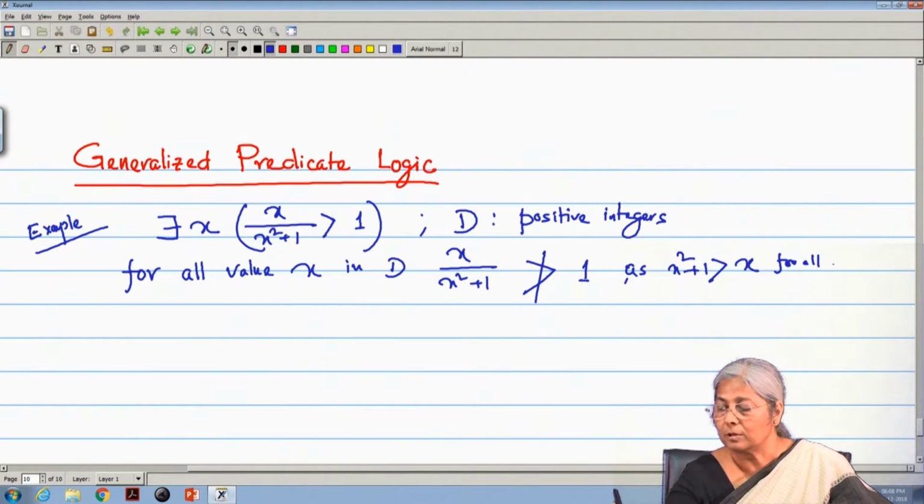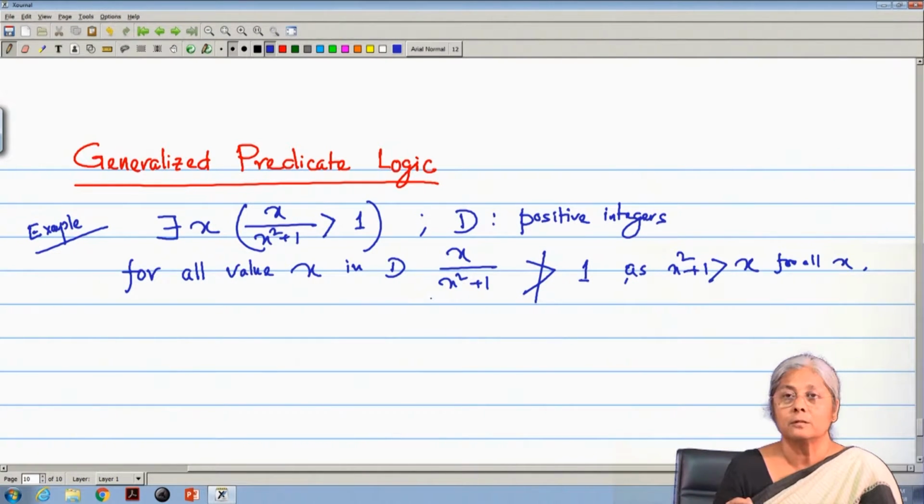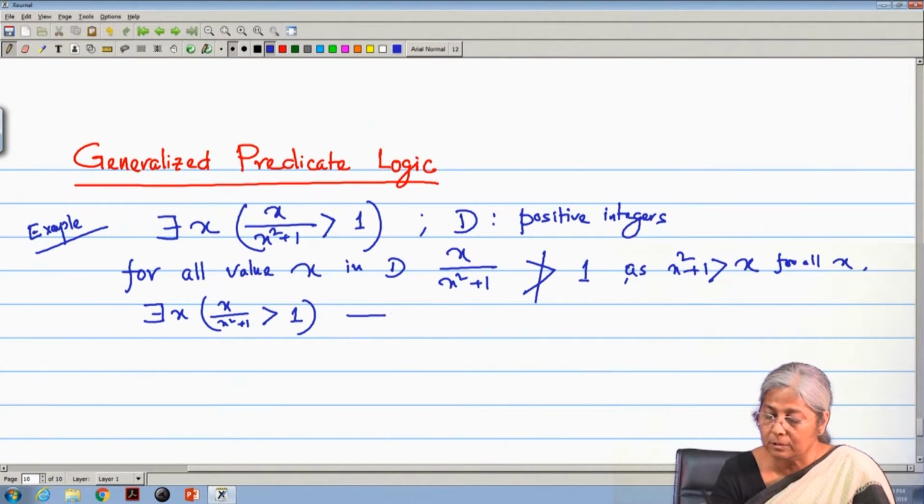So, for all values of x, this is false. So, this existentially quantified statement is false.